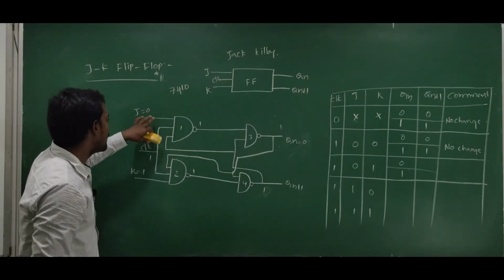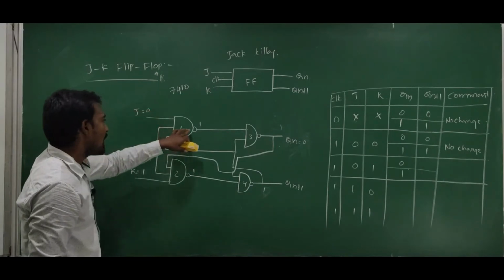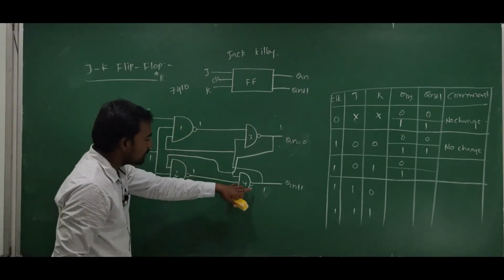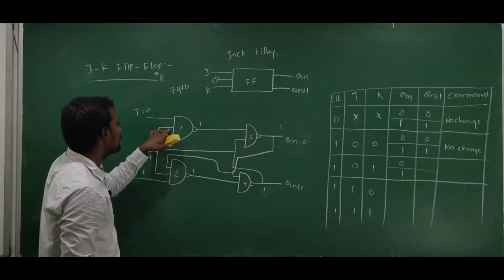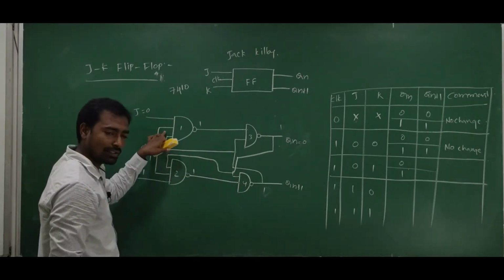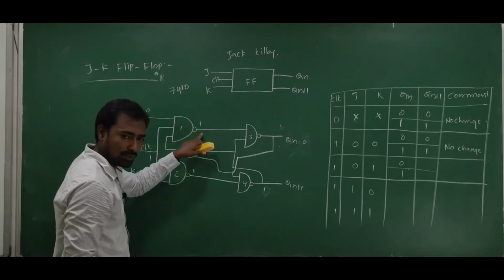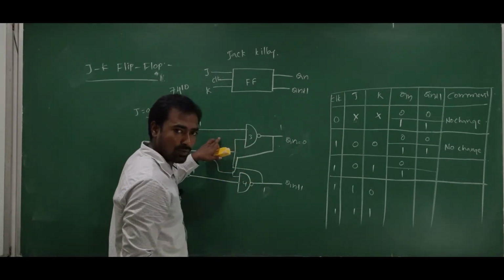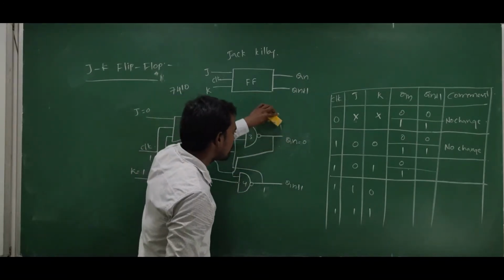All inputs are like J is equal to 0 and clock signal is equal to 1, the present input is equal to 1 here, and 0 cross anything is equal to 0, and we are getting the output is equal to 1, and that 1 cross 1 is equal to 1, 1 Q complement 0.